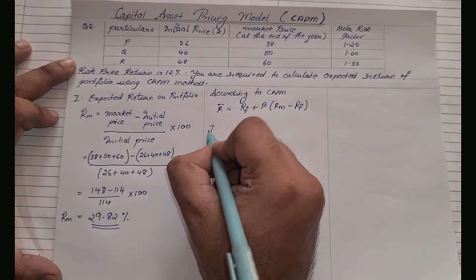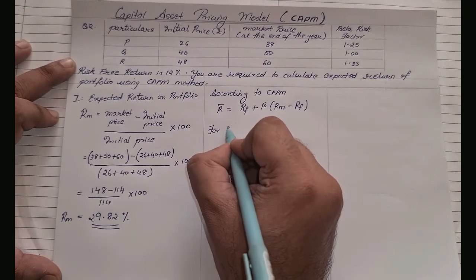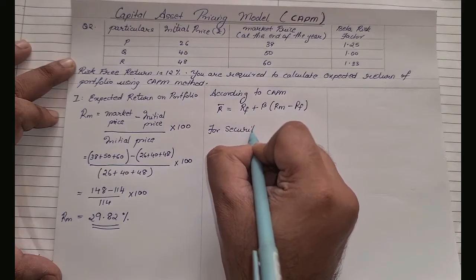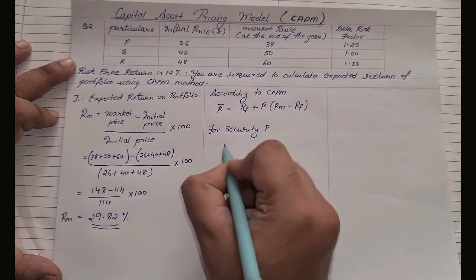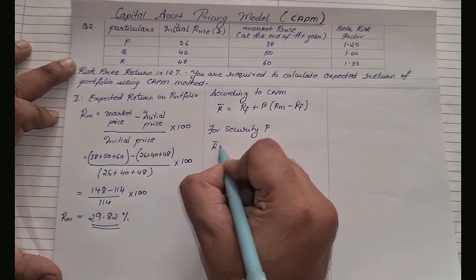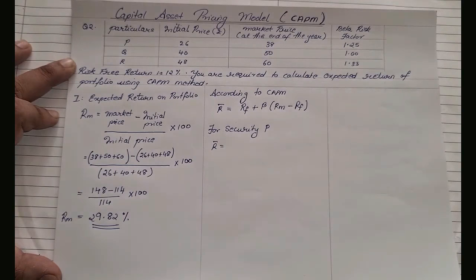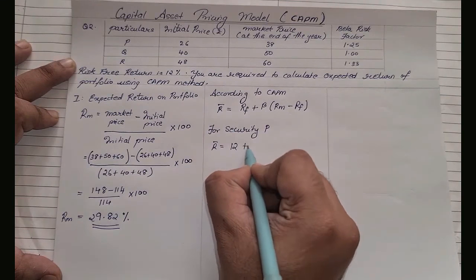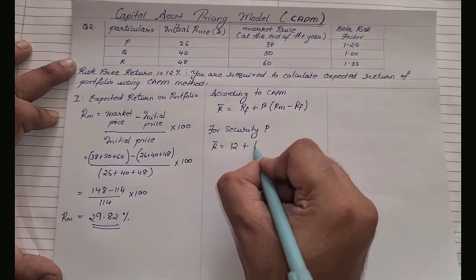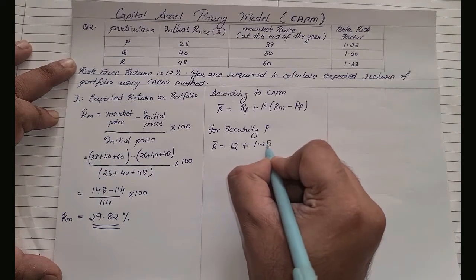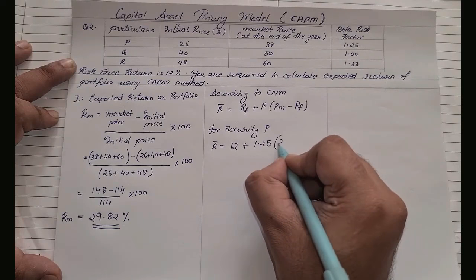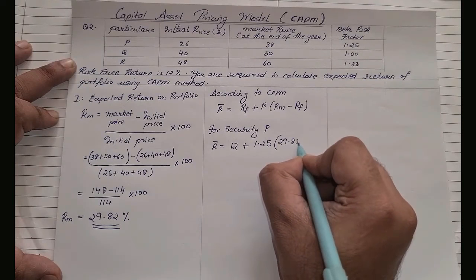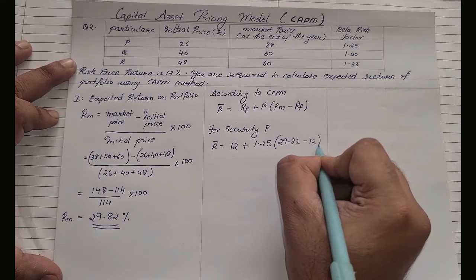So for security P, the expected return would be: the risk-free is 12 plus the beta for the first one is 1.25 into 29.82 minus 12.